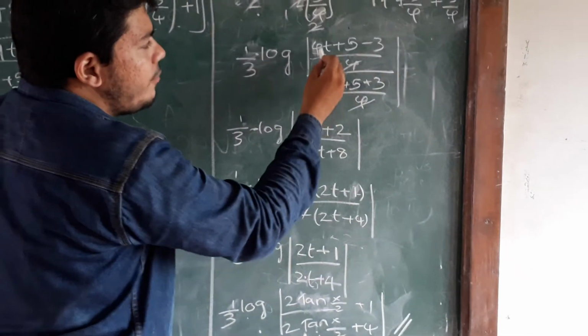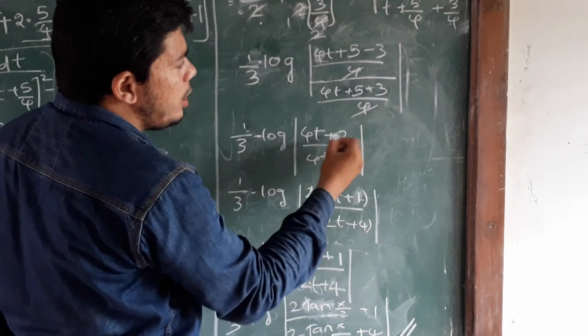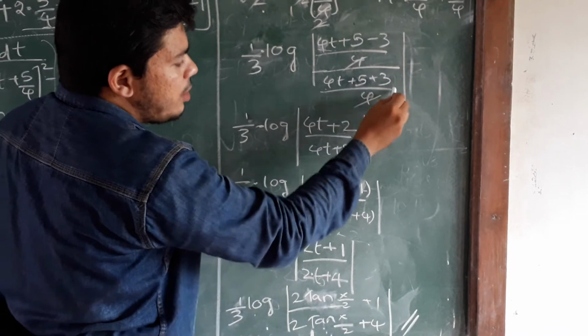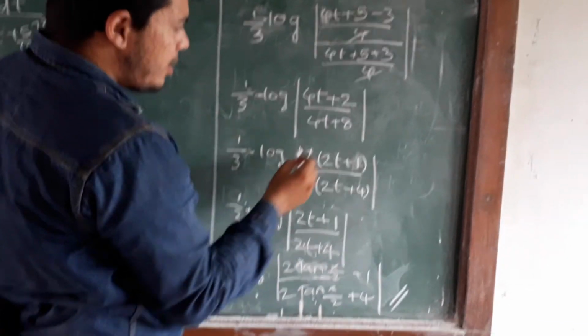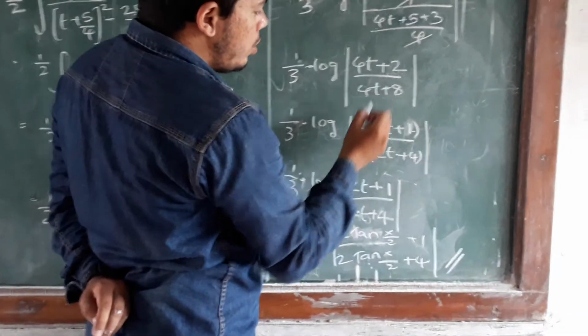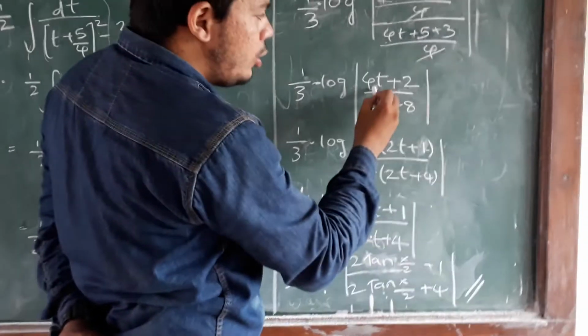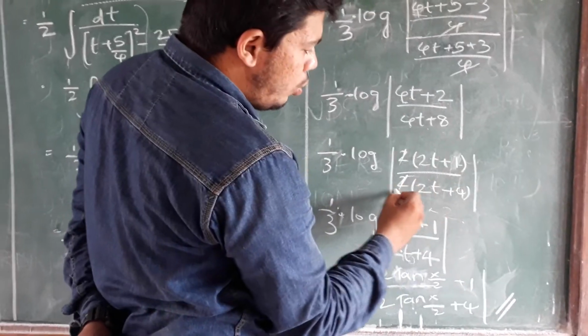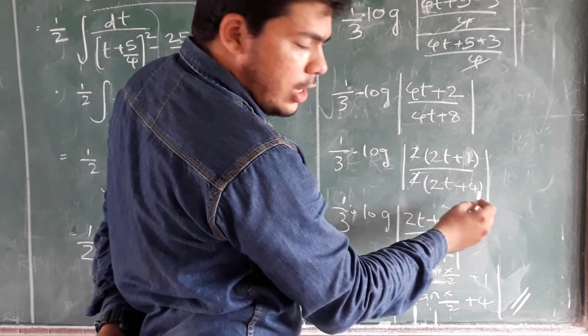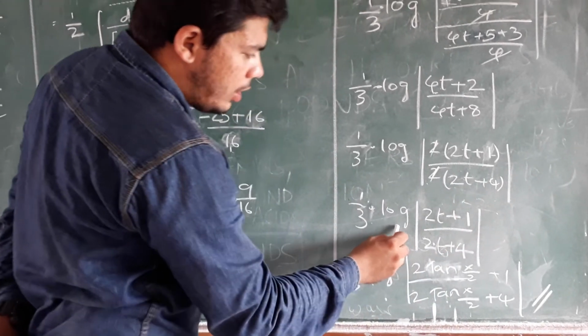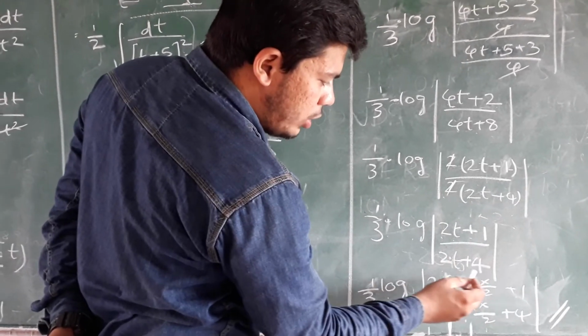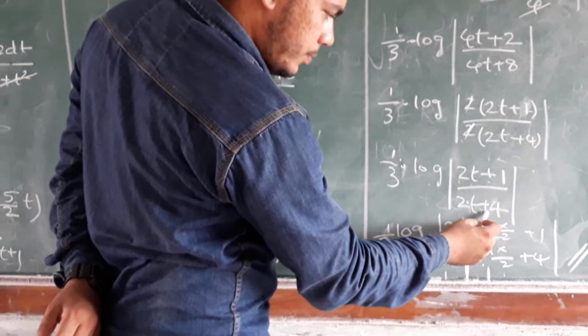The 4 gets cancelled. 4t plus 5 minus 3 gives 4t plus 2, and 4t plus 5 plus 3 gives 4t plus 8. Taking 2 common, the 2 gets cancelled: 2t plus 1 by 2t plus 4. So 1 by 3 log of 2t plus 1 by 2t plus 4.